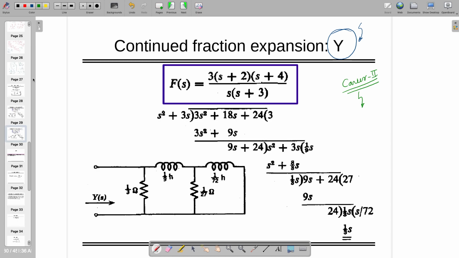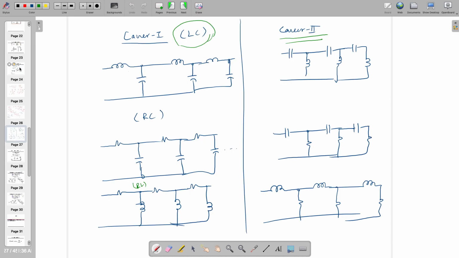Coil 1, coil 2 does not have any systematic entry. They only define it has to be like this. If it is LC, L has to be first, capacitor has to be second. It may be anything. Coil has not defined whether it has to be impedance or admittance.